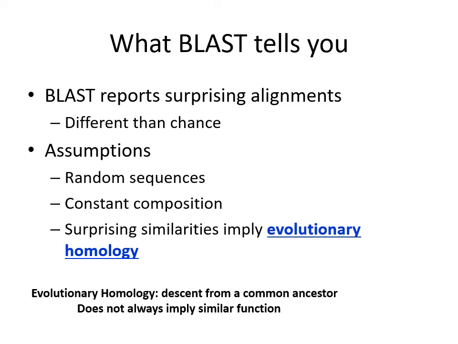If you remember back to when we talked about proteins in lectures, proteins have domains. There are membrane spanning domains, there are DNA binding domains, there are receptor domains. So a lot of proteins are mixed and matched with these domains.